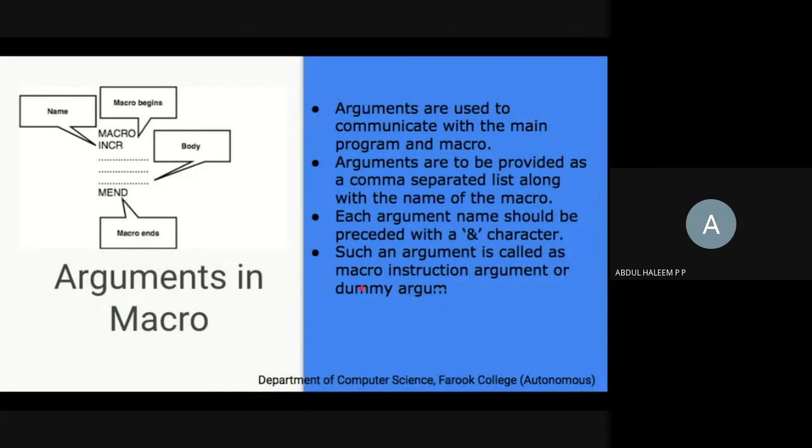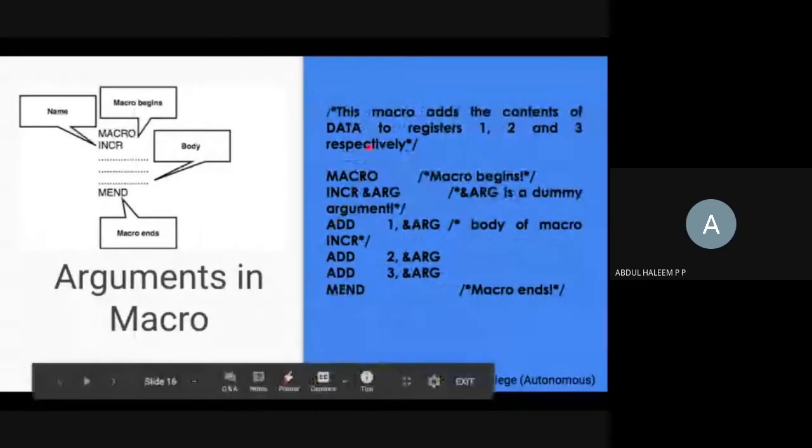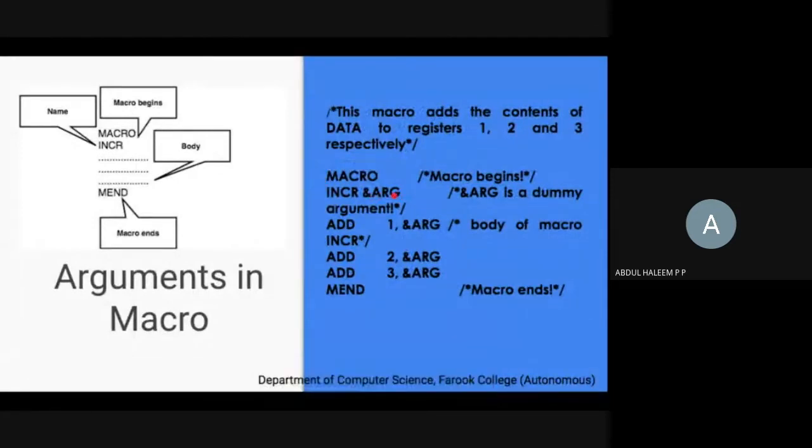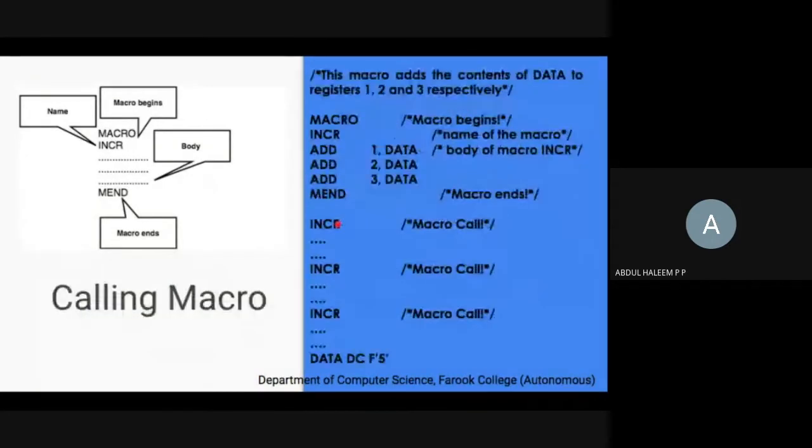Again, this can be a question: explain dummy arguments. See here, same macro, and we have added an argument here, arg. You can see that arg is preceded with the ampersand character. Now, if you compare, you can see that here the data value is hard-coded.